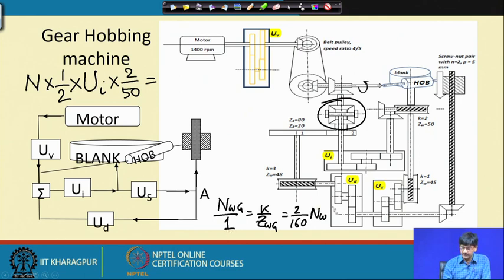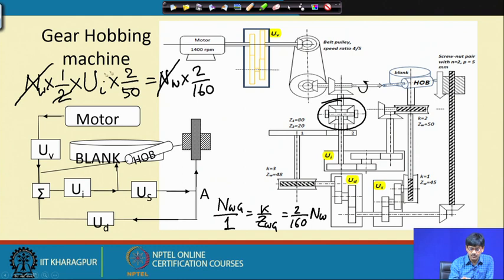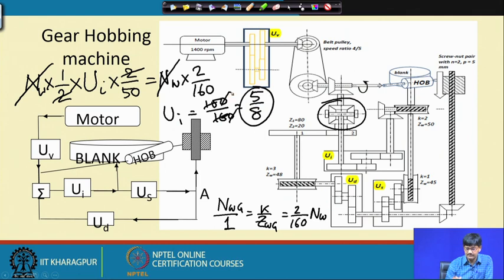We simply put this value here, N worm multiplied by 2 by 160, and therefore, UI can be solved. N worm cancels out, and 2 and 2 cancel out, and therefore, UI is equal to 100 by 160. So, this one cancels out, and UI is equal to 5 by 8.